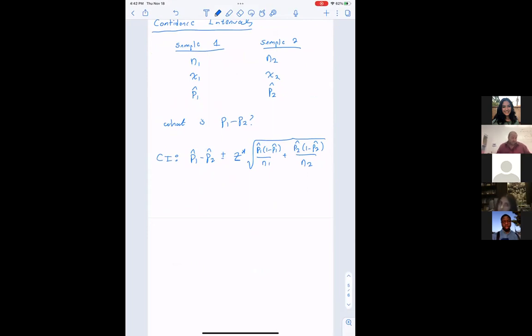That's right. For one proportion, both of them had to be greater than or equal to 10. If either of them was not, what was my fallback scenario? What did I do in that case?